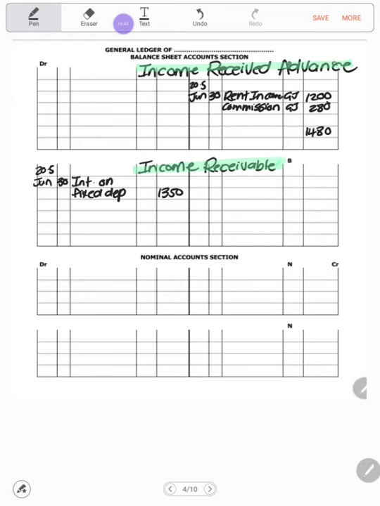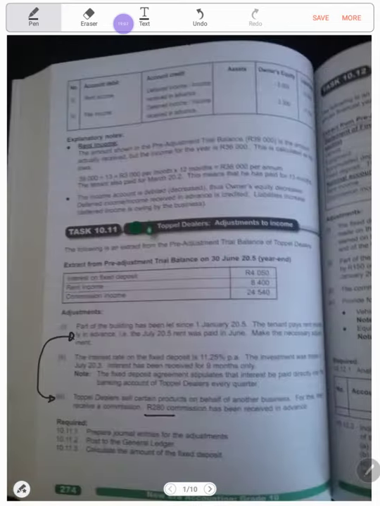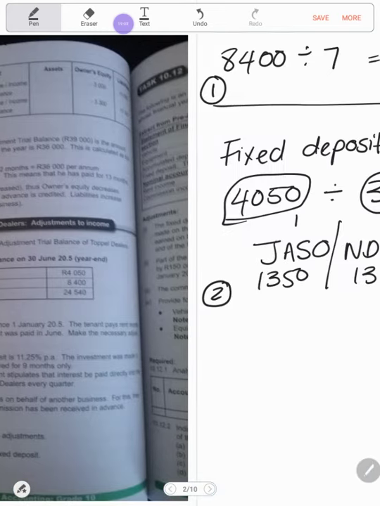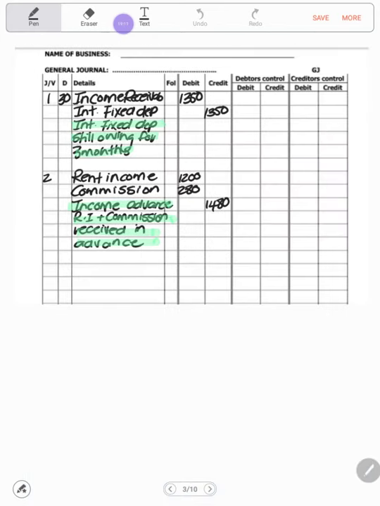Moving on, your nominal account section is to do with your incomes and your expenses. So we know that we're getting an income from our interest on our fixed deposit. Okay, so you'll put your total. Remember, in your nominal account section, it's total brought forward. Firstly, we had a total, remember, that total was 4,050.